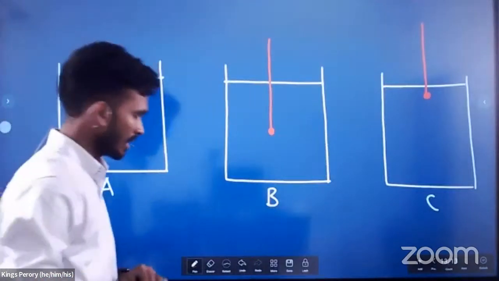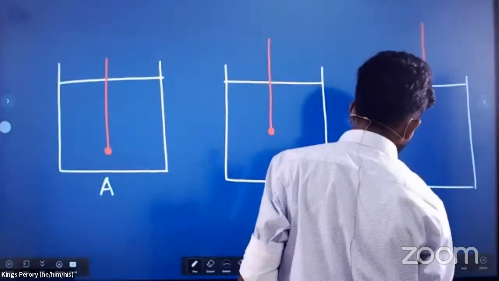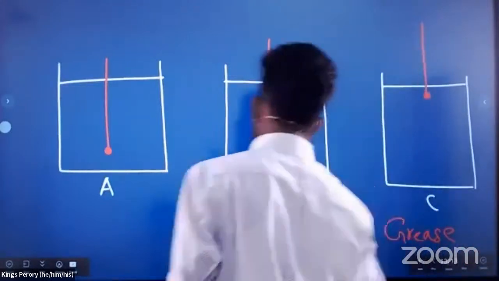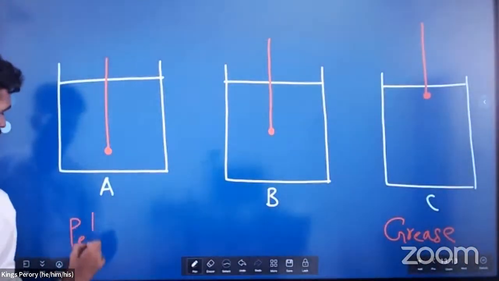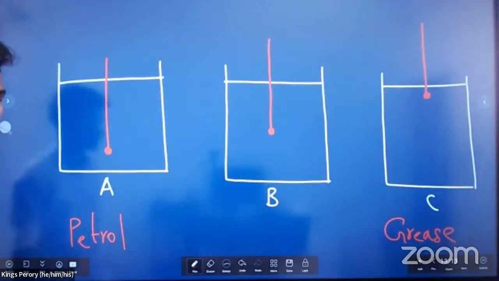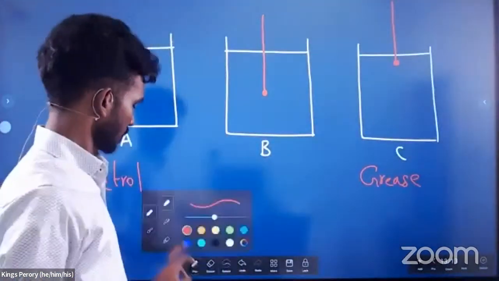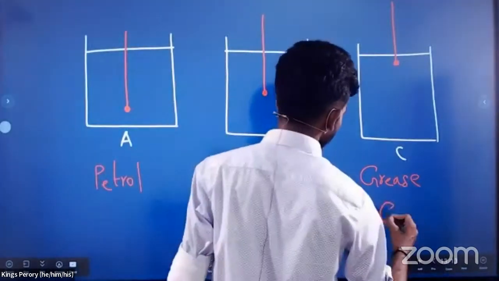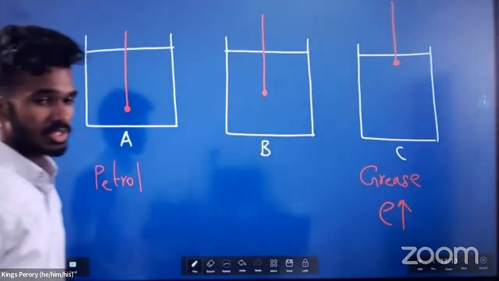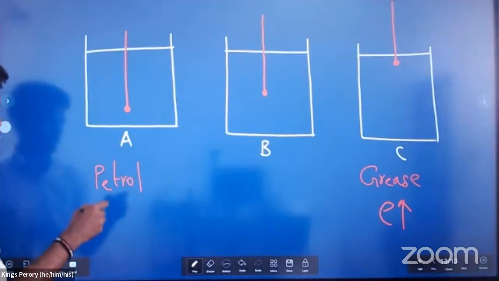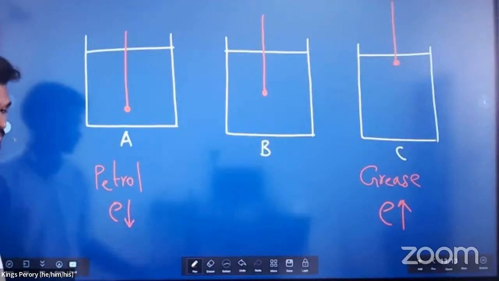For example, let's take grease and petrol. Which one is thick? Grease. That means density is high. Which one is thin? Petrol. Density is low.